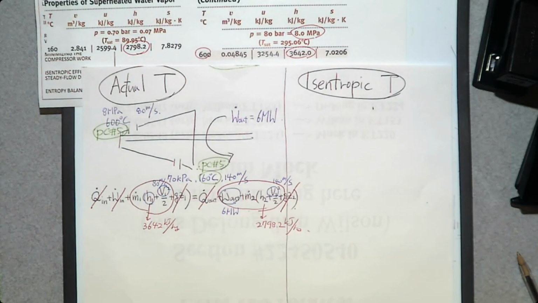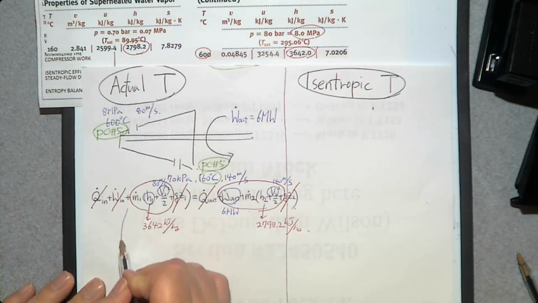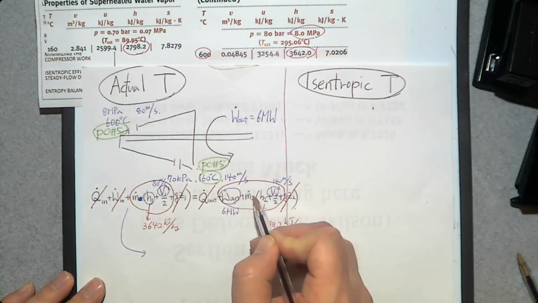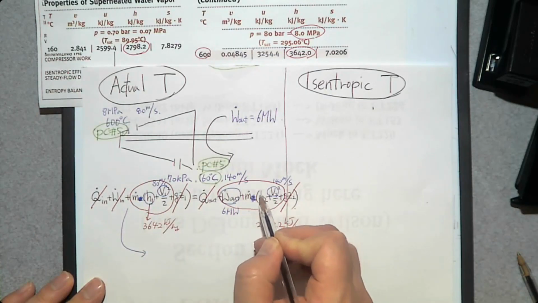Now, we have everything but what? Mass flow rate. Can you determine mass flow rate? Yes. So if you solve this equation, you get mass flow rate. By the way, we don't have separate inlet and exit mass flow rates, they are the same.